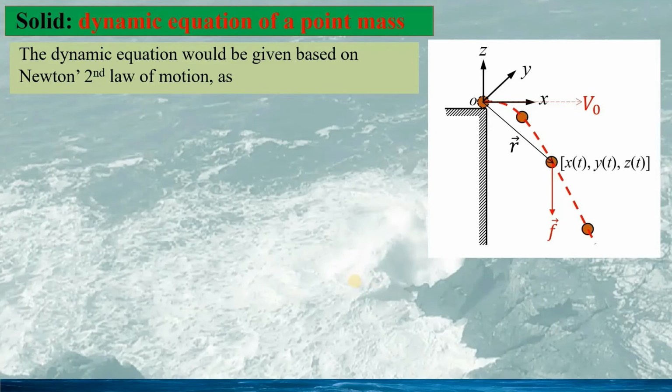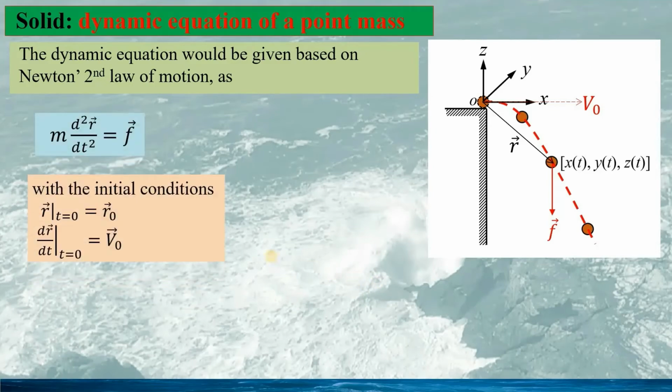The dynamic equation for the point mass can be quite easy. In fact, we may learn this in the secondary schools. The dynamic equation for the point mass is based on Newton's second law of motion, given as this, and the problem can be solved if the initial conditions given as this and the force are given.